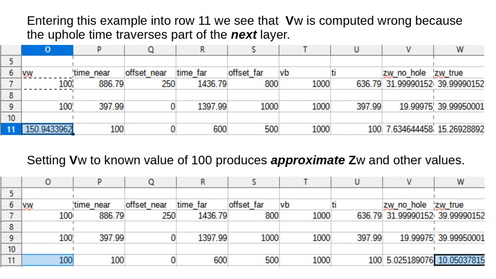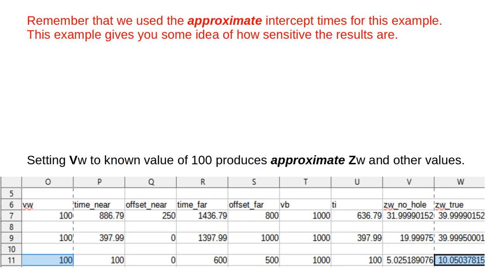Entering this example into row 11, we see that VW is computed wrong because the uphole time traverses part of the next layer. Setting VW to known value of 100 produces approximate thickness and other values. Remember that we use the approximate intercept times for this example. This example gives you some idea of how sensitive the results are.